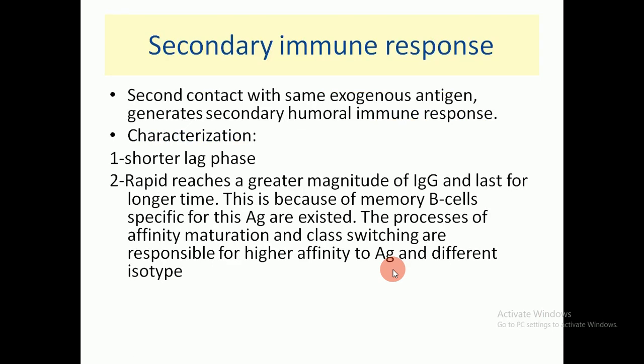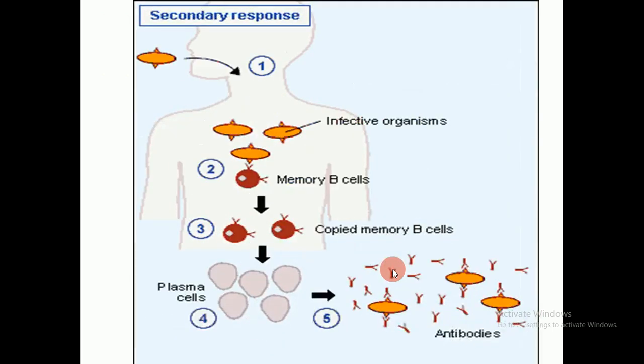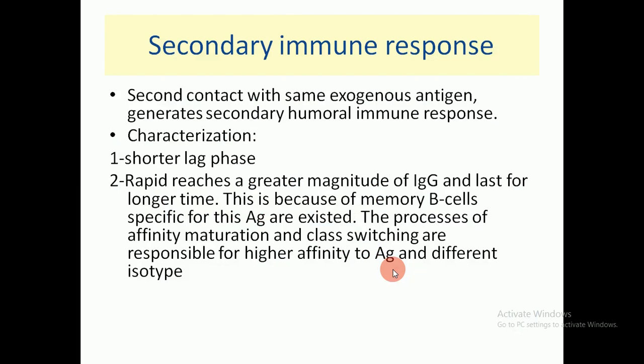While the secondary immune response, which is the second type of the immune response, is the second contact with the same exogenous antigen. From its name, secondary; first attack, primary.